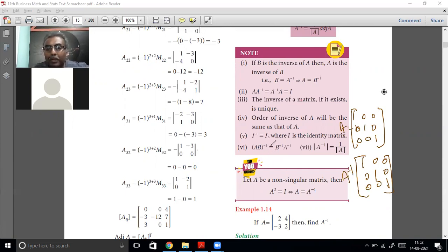Then the inverse of AB collectively, this is also very important. This is what you are trying to use. Then the determinant of A inverse is equal to 1 by determinant of A. That is also very important. Then the inverse of AB is equal to B inverse into A inverse.